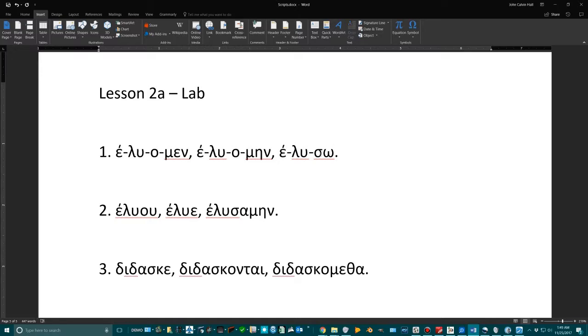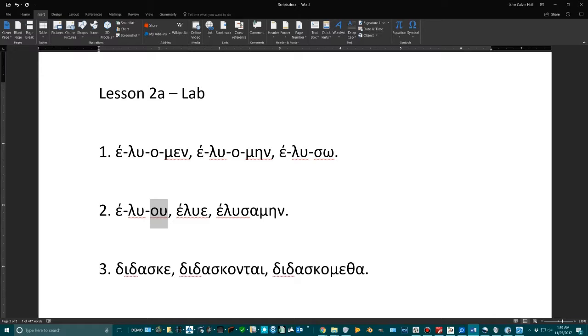Let's try the second row. Second would be elu. Interesting. Why wouldn't it be e-lu-o-u? Why wouldn't it be that? Because remember, the omicron upsilon is a diphthong.